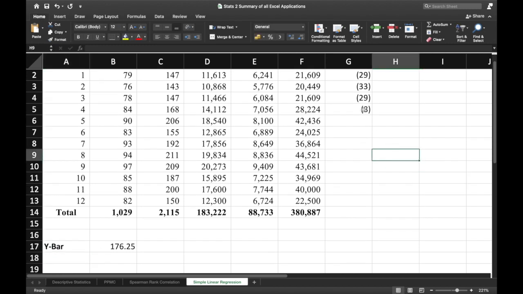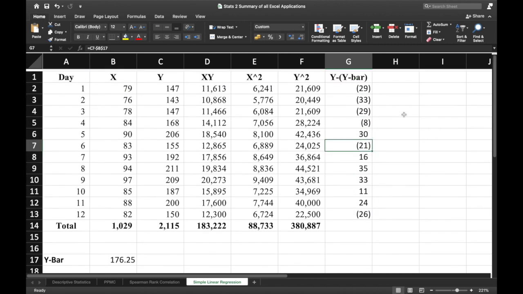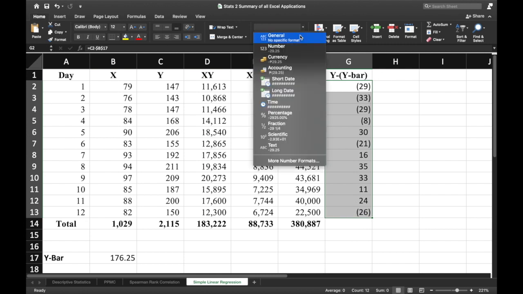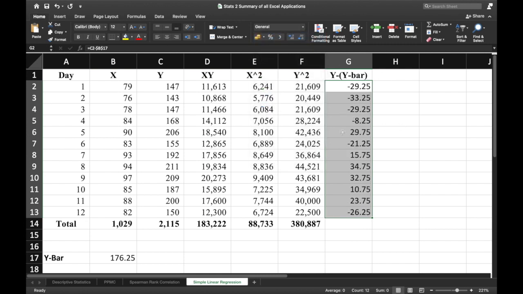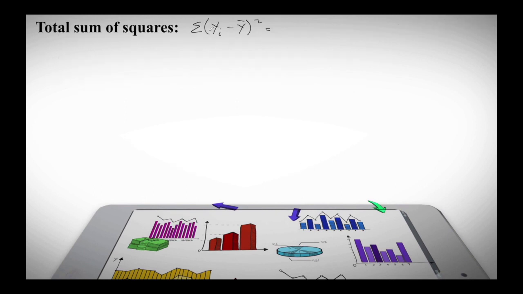Okay? So, i-drag natin ito sa baba. Ayan. And, ulitin natin ginawa din kanina, para ito kasing parenthesis, usually yan ginagamit sa accounting. Mag-negative tayo. Ayan. Again, ang goal natin mahanap sa ngayon is the value of summation of y sub I minus y bar.